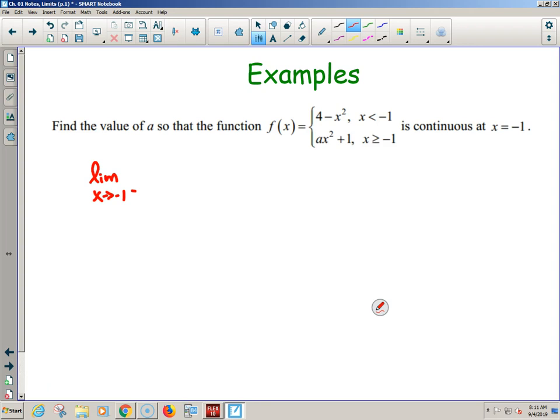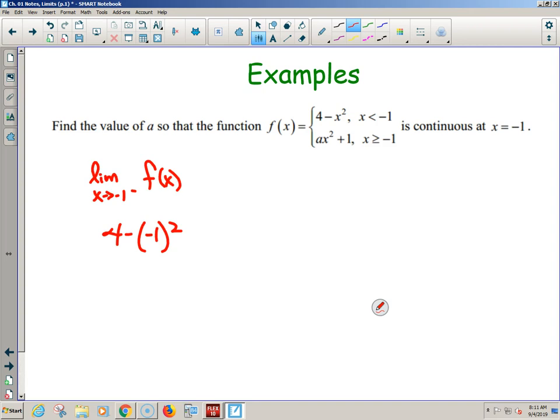Wait a minute, I'm just doing a big old box, aren't I? Can't I just say the limit as x approaches -1 from below? Which piece will this be referring to? The top piece. So to find this limit, wouldn't we plug into 4 minus x squared? You guys agree? But I can't just consider from below or the top piece.